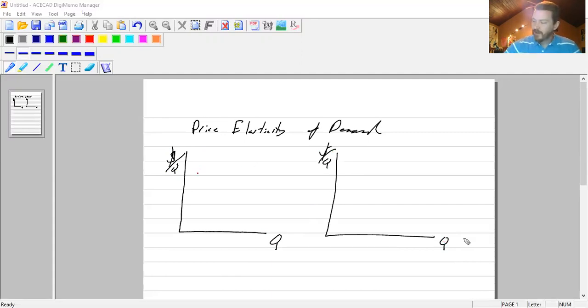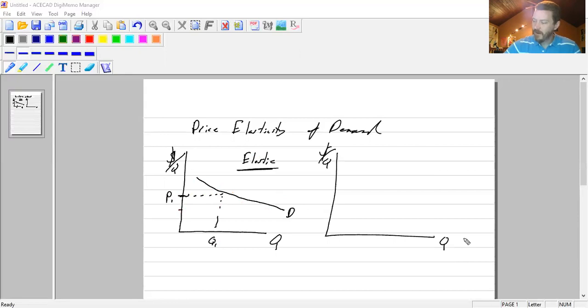First off, we're going to look at a demand curve that's relatively flat. Before, I've just drawn demand curves however I took a notion to draw them, but now we're going to talk more specifically about steep or flat demand curves. So this demand curve, as I've drawn it, is relatively elastic. If this is P1, the quantity demanded associated with P1 is Q1.